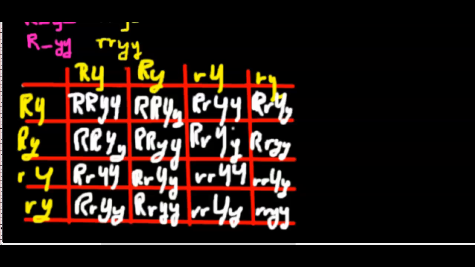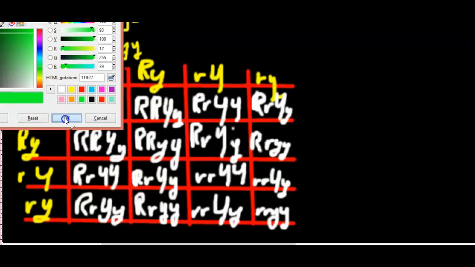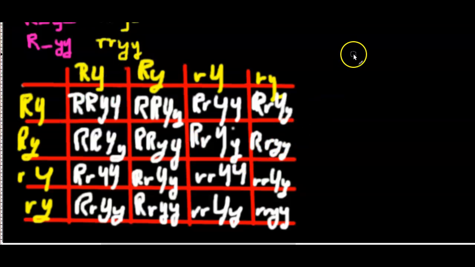Next, we're going to look for these patterns. The pattern that I showed you earlier, we're going to look for that pattern now. We're going to look for all those that have one big R and one big Y. And always do it in this order.